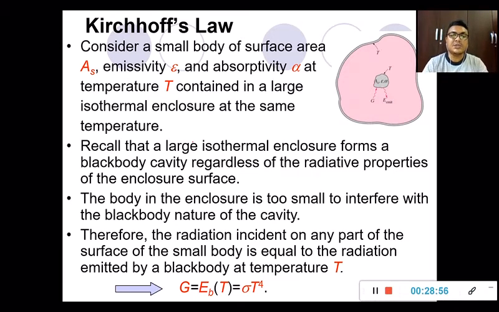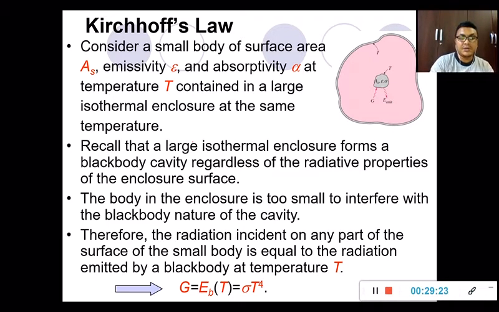Recall that a large isothermal enclosure forms a black body cavity regardless of the radiative properties of the enclosure surface. The body in the enclosure is too small to interfere with the black body nature of the cavity. Therefore, the radiation incident on any part of the surface of the small body is equal to the radiation emitted by a black body at temperature T.